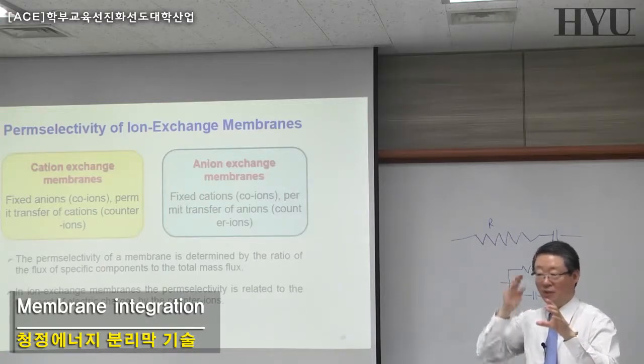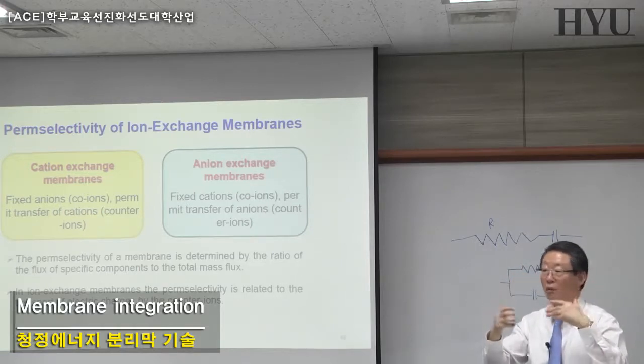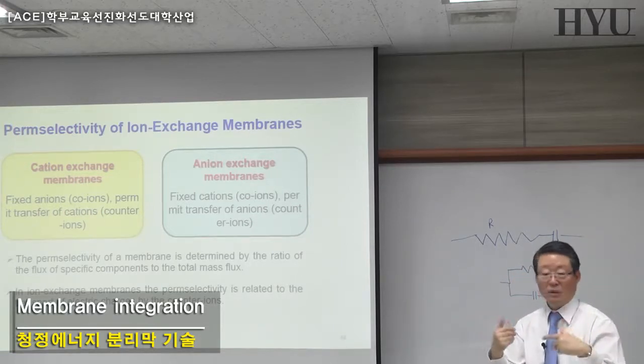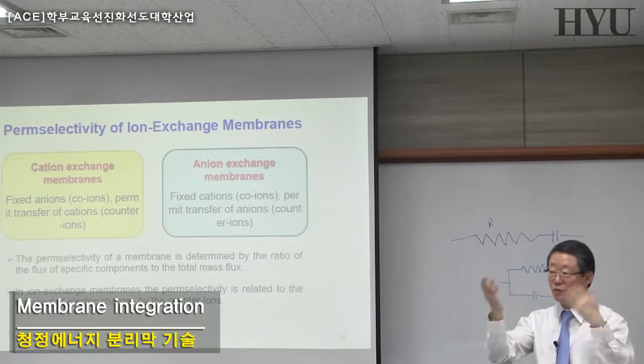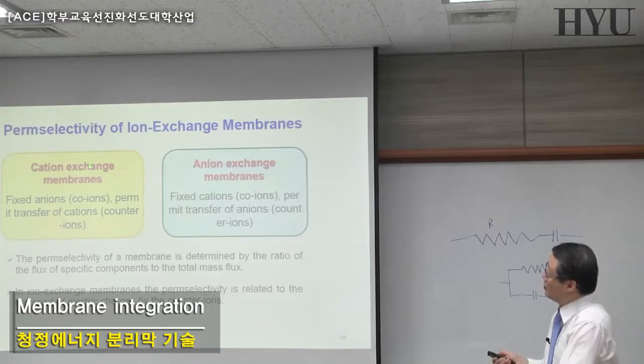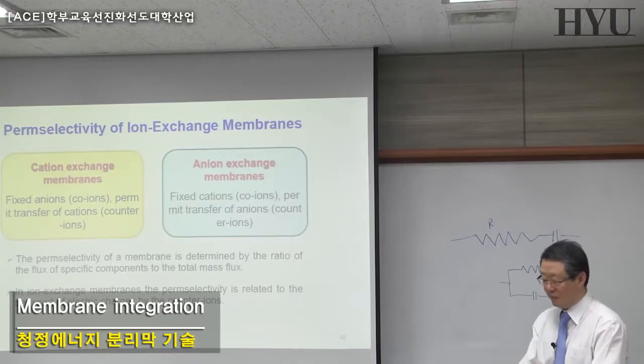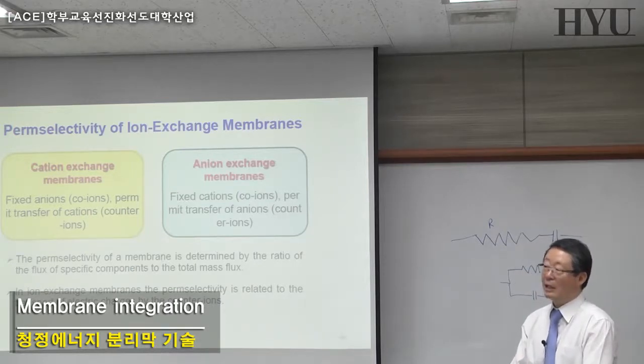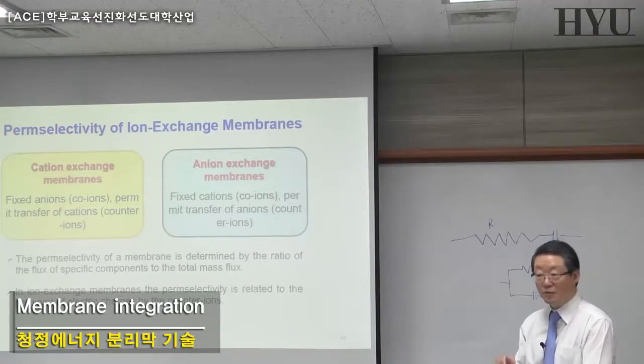So permselectivity determines how selectively your membrane transports each of those ions. A cation exchange membrane should have 100% cation transfer, whereas an anion exchange membrane should have 100% anion transfer. If your permselectivity is 98%, then 2% of the counter ion will pass through.